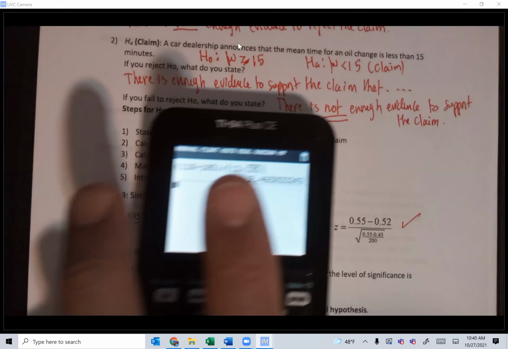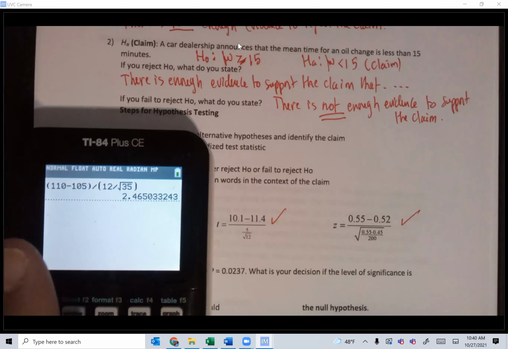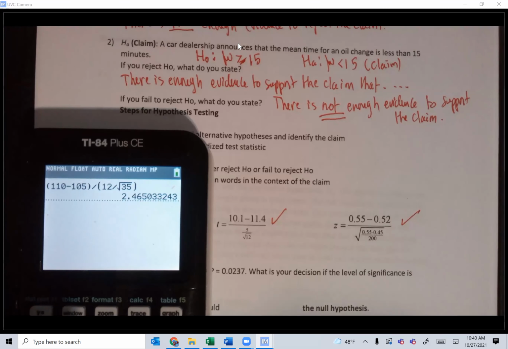Let's do the second one, guys. T, you notice the Z and the T: Z when sigma is known and T when sigma is not known. That's from chapter 6. So let's do 10.1. And please, guys, do it together because you're probably going to need to know how to do that, unless you're using the calculator program, which will do everything for you. You will see that today.